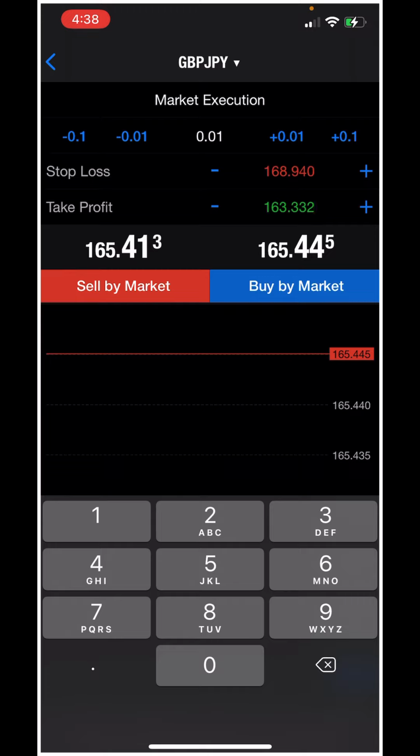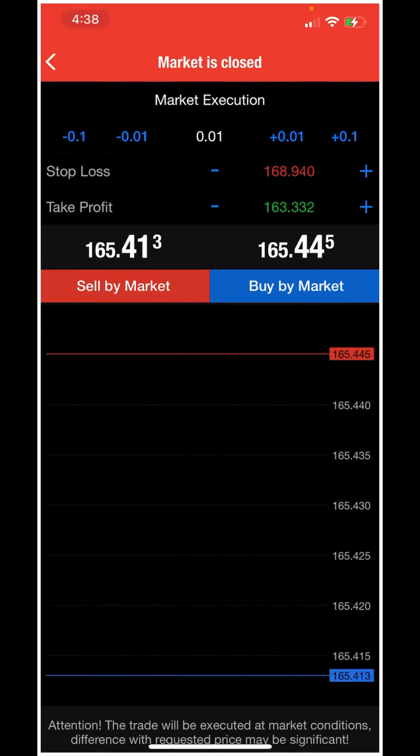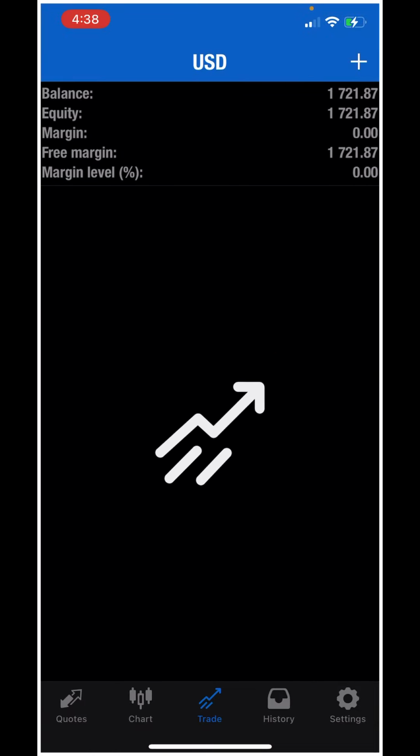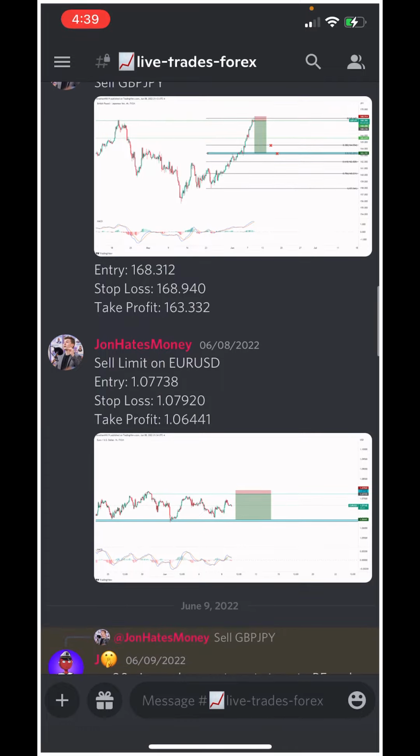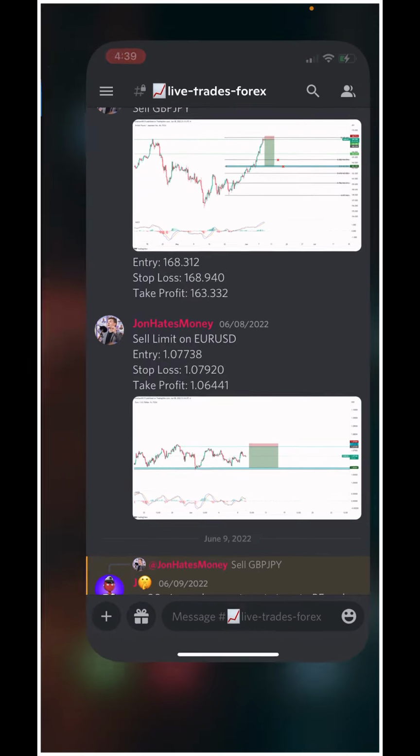Now, I can't actually place this trade because it is still the weekend and the market does not open up for about a half hour. But if the market was open, all I would do is hit sell by market and it would enter the trade.